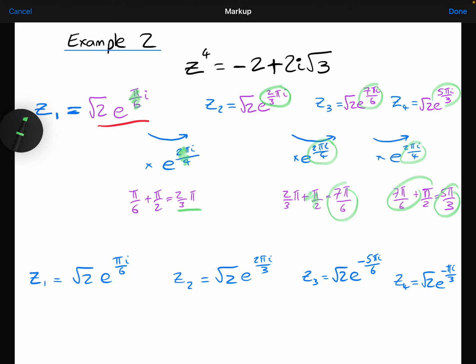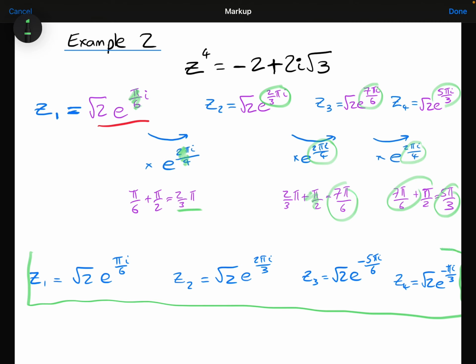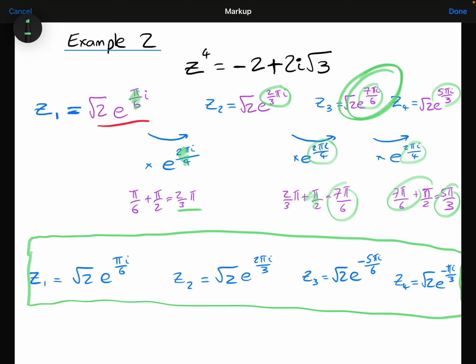And then all I've done at the bottom down here is written these out again, just making sure that my angles are between pi and minus pi. So the 7 pi over 6 is the same thing as minus 5 pi i over 6. And the 5 pi over 3 there is the same thing as minus pi i over 3.